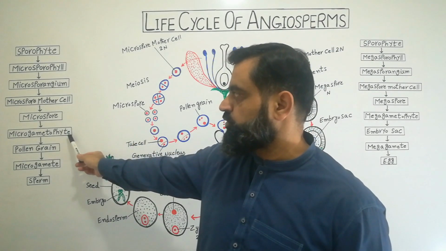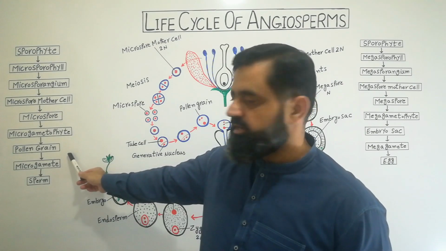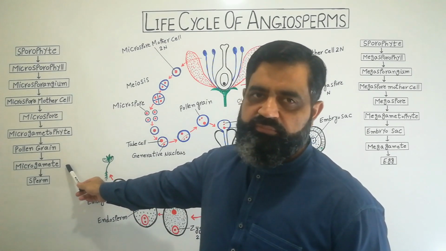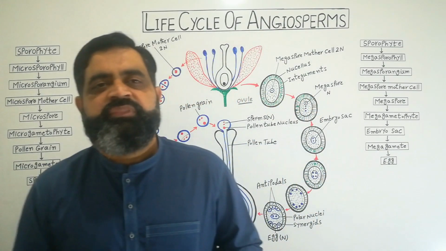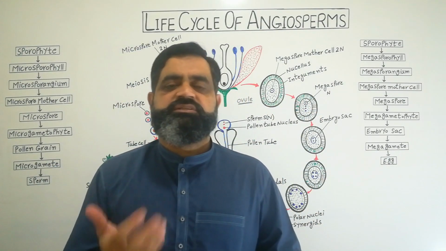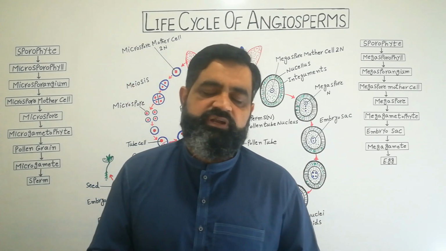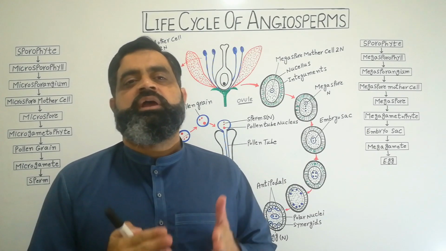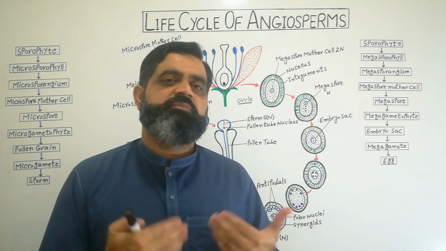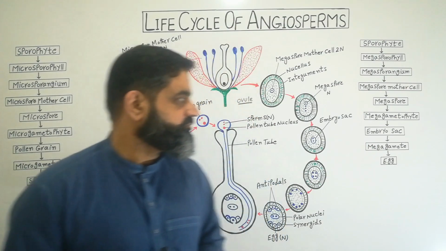Microspore germinates into the microgametophyte by mitosis, which is also known as pollen grain. It contains microgametes, which are sperm. So in this way, both of the gametes, microgametes and megagametes, are ready, which are also known as microgametophyte and megagametophyte. So the sporophytic generation has been converted into the gametophytic generation. This is also known as alternation of generation.